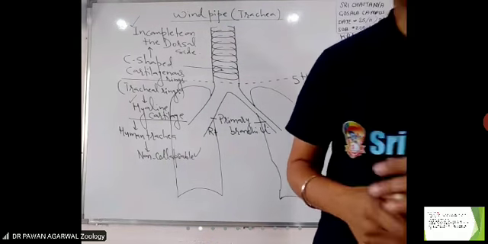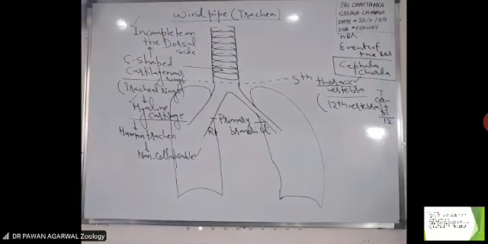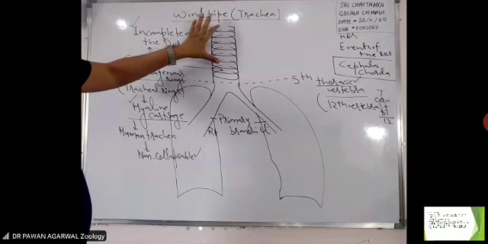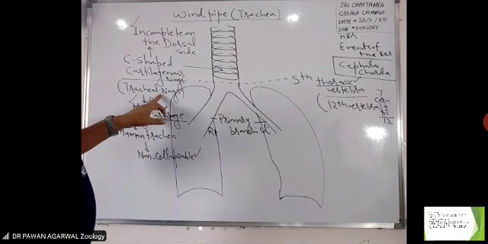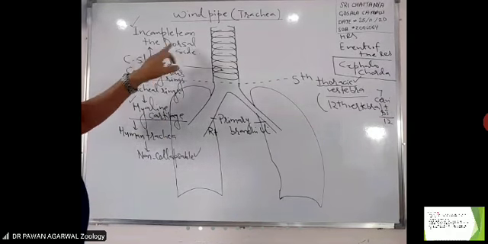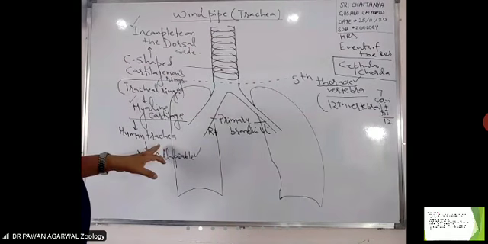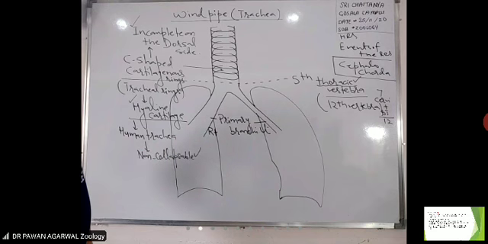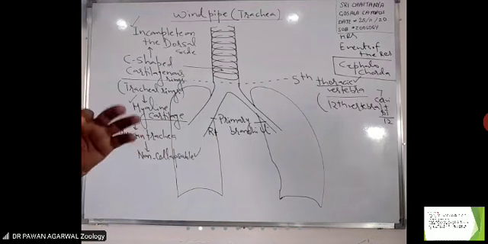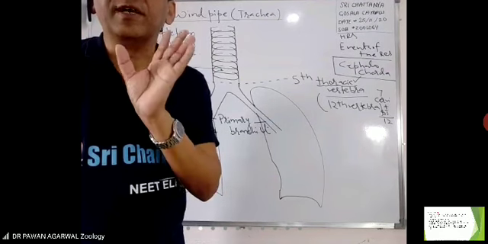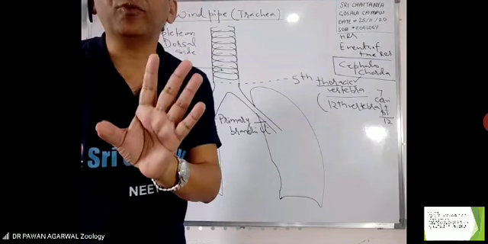So internally, the trachea is supported by these rings, known as the tracheal rings, made up of hyaline cartilage and incomplete on the dorsal side. This is one point that you have to remember.